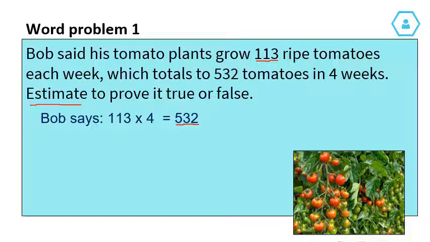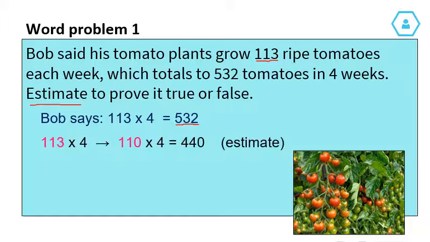Rather than solving this straight away, we're going to come up with an estimate by rounding this first multiple. For 113, we round it down to 110, nice and easy to multiply by 4. 100 by 4 is 400, 10 by 4 is 40, so our estimate is 440.